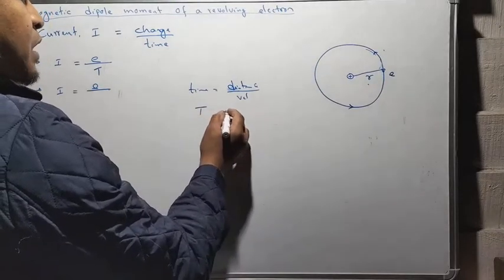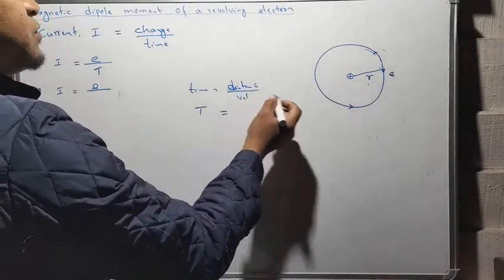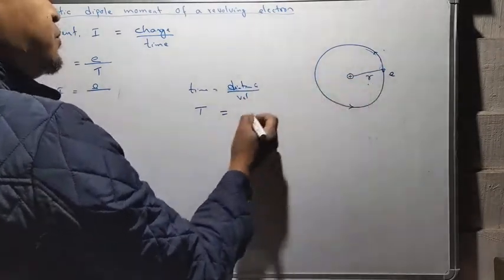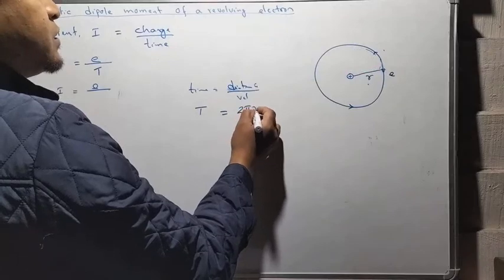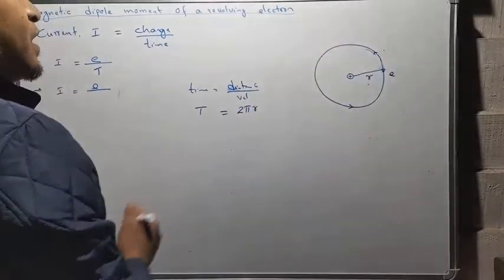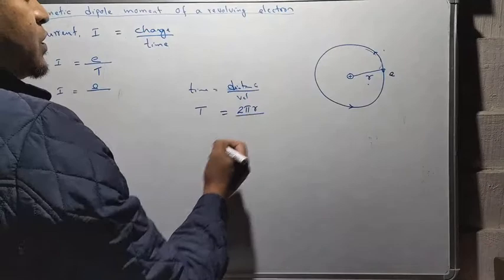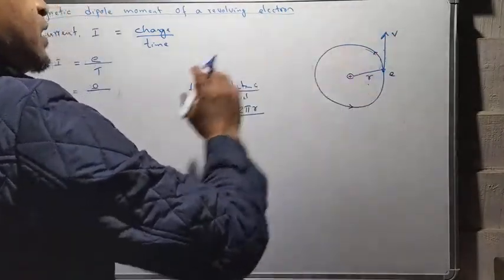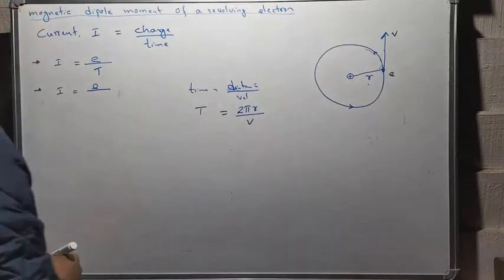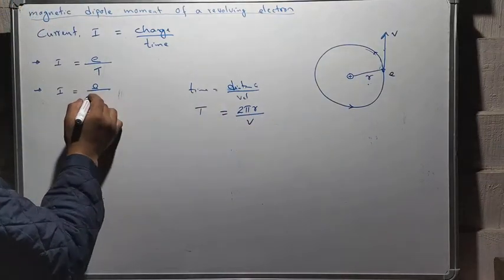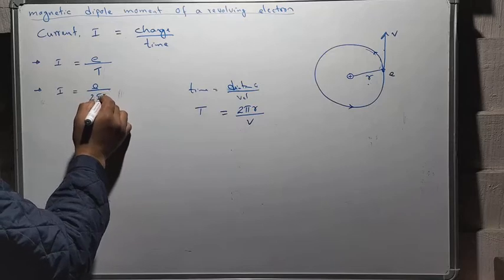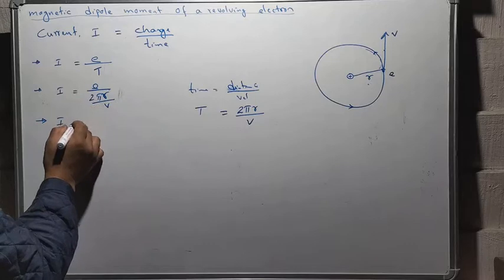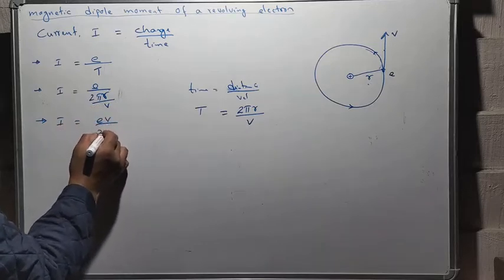The distance taken to complete one revolution is the circumference of the circle, which means 2 pi r. Let's say the velocity of the electron revolving around the nucleus is v. So instead of T, I will write 2 pi r upon v, or I is equal to ev upon 2 pi r.